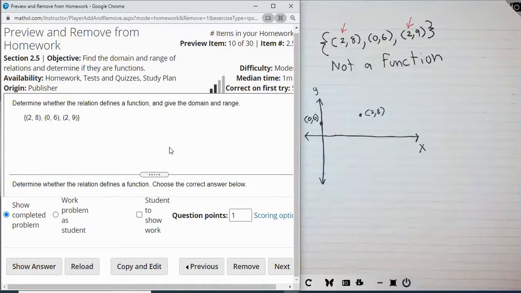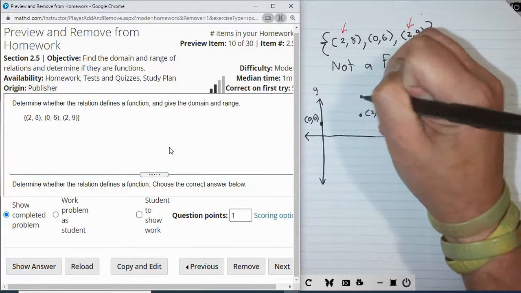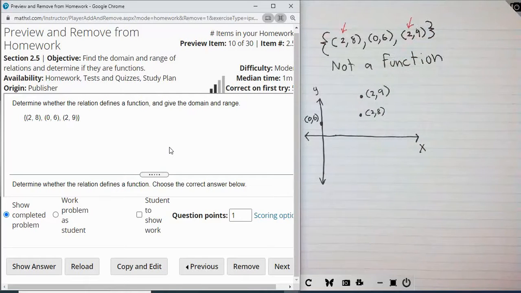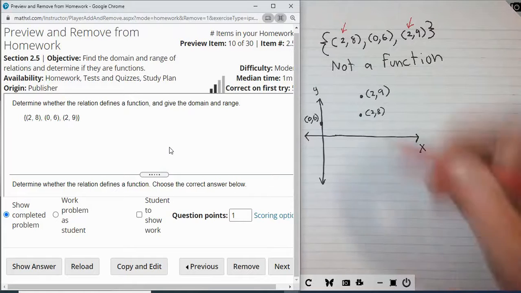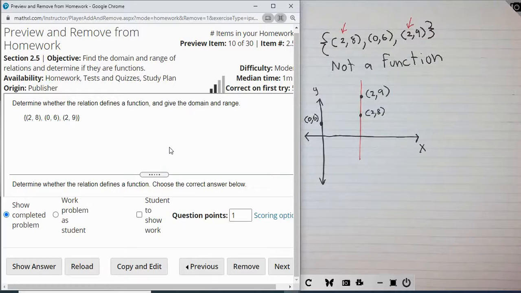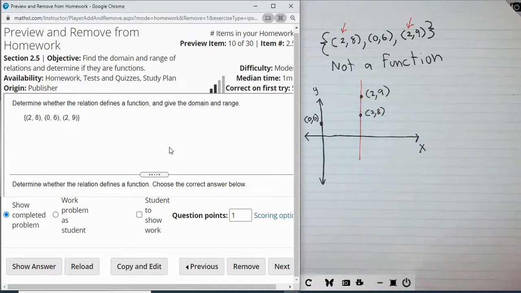So far, so good. But then when we get to plot 2, 9, you see what's happening with this, right? If I apply the vertical line test, which is when I draw a line on a graph, if it intersects in more than one point, then it is not a function.